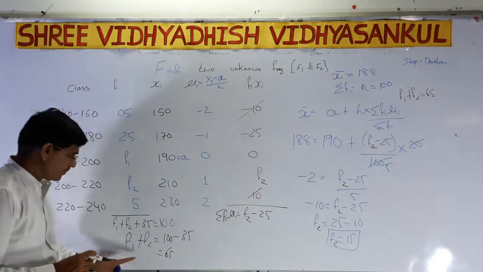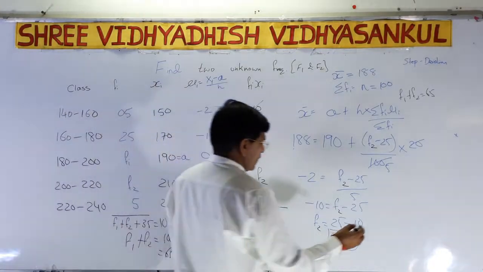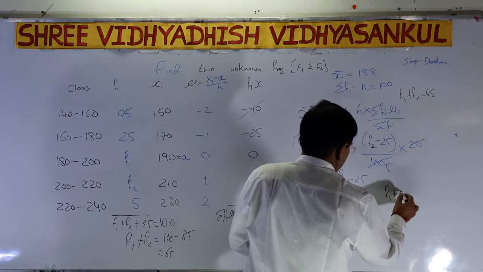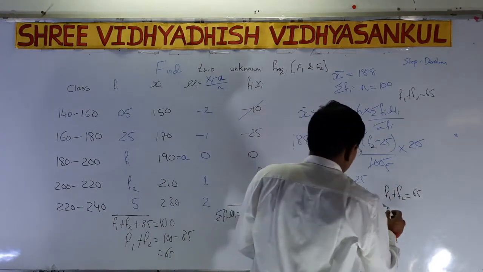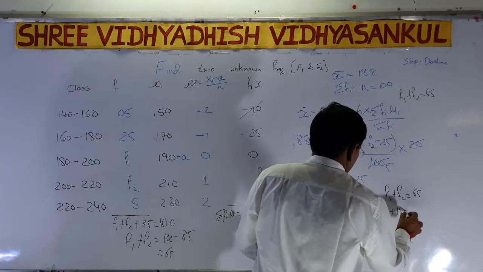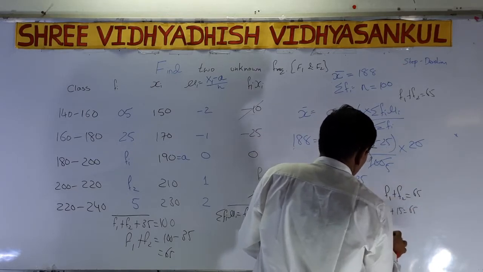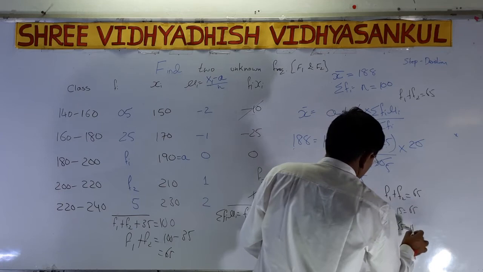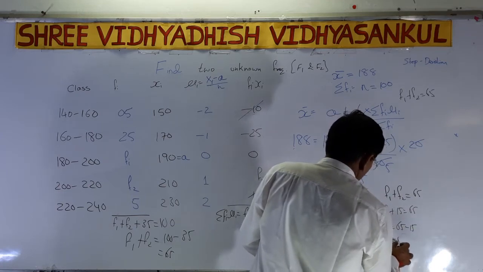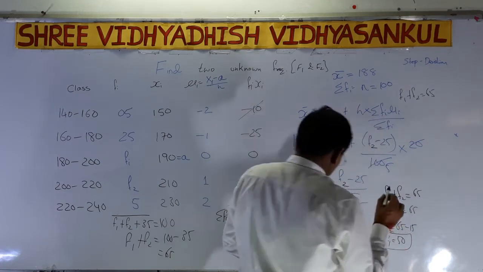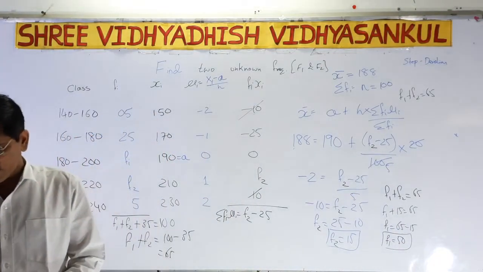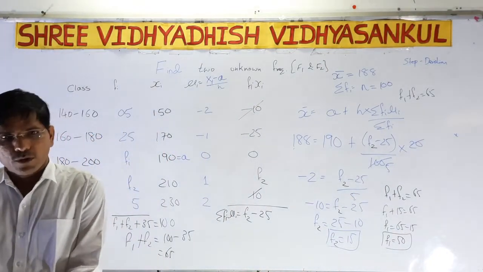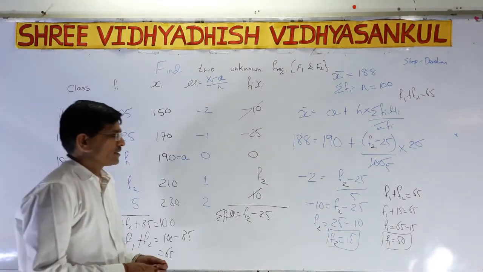Now we know that F1 plus F2 is equal to 65. If I put 15, then F1 is equal to 65 minus 15. F1 is equal to 50. So two values we have got, F1 and F2, and the total is 65.